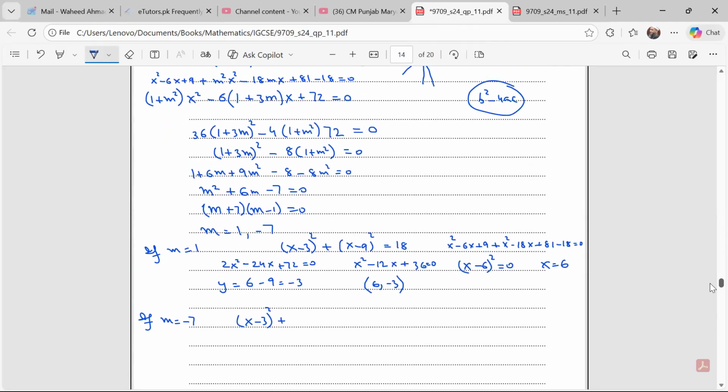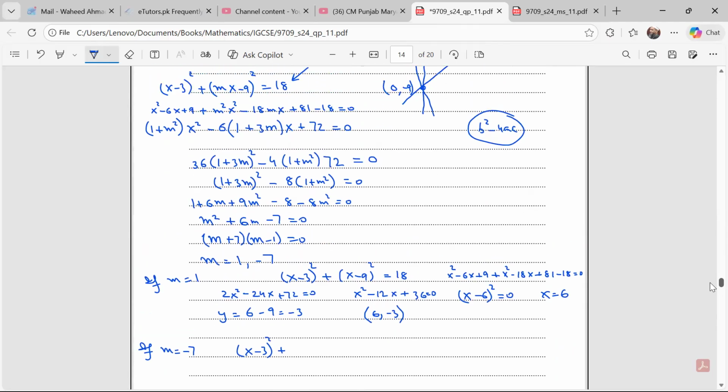I have this equation, y equals mx minus 9, so m is minus 7, so it will be minus 7x minus 9, and its square equal to 80. Remember last time I had this expression, now I have this one. The difference is because of the m value. M is 1 there, minus 7 here. No problem, we will expand it.